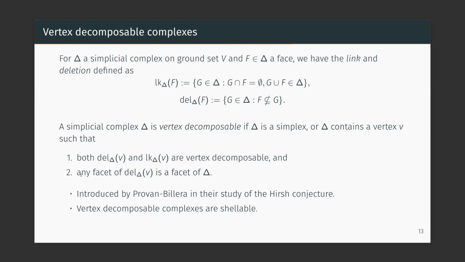Vertex decomposable complexes are, I would say at this point, pretty popular to study. They're often a nice case when you're looking at shellable complexes. You often are dealing with a vertex decomposable complex. In particular, vertex decomposable complexes are shellable. They were introduced by Provan and Billera in the study of the Hirsch conjecture. They were interested in the diameter of certain polytopes and things like that.